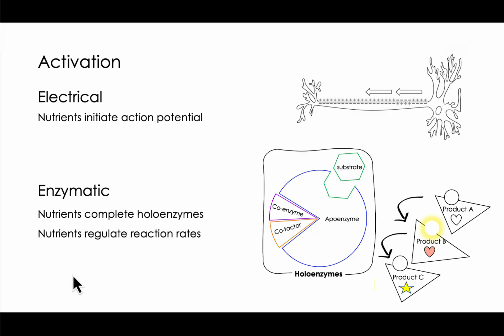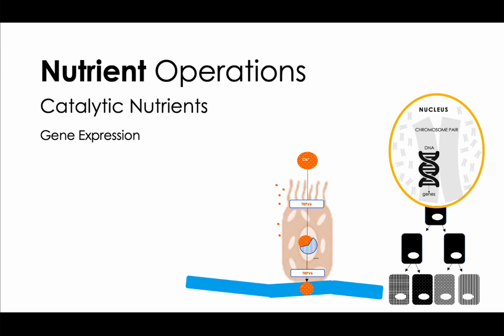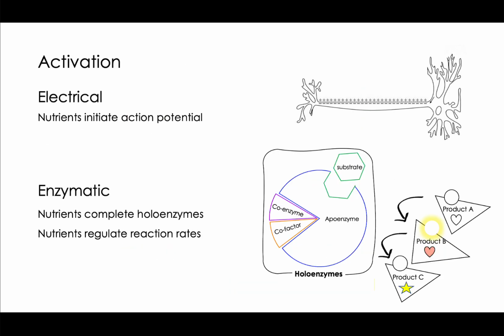So nutrients not only have operational or catalytic roles in gene expression, but also in activating enzymes and action potential. You're probably like, wait, what? When I talk about the electrical signaling that comes down and meets at the muscle fiber, well, calcium is one of the major ions or electrochemical signals that are sent.